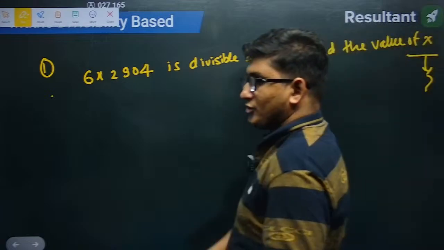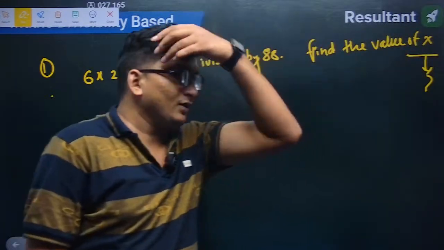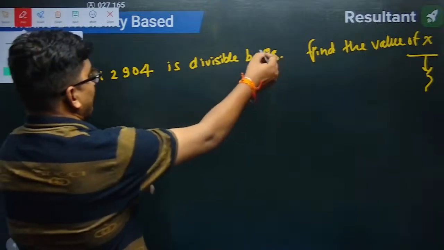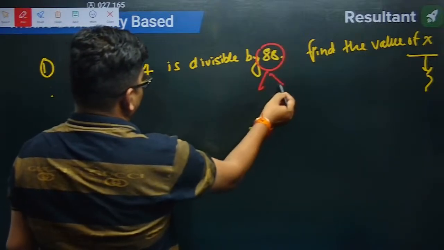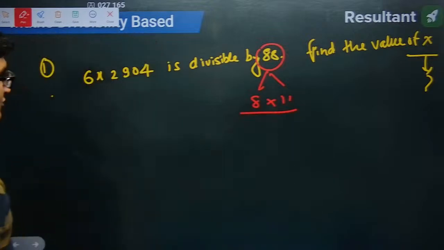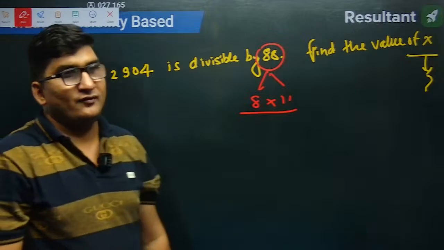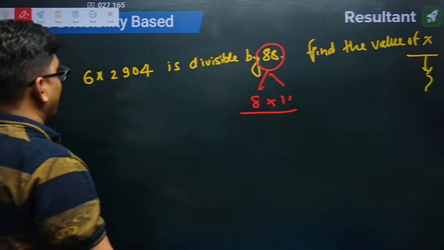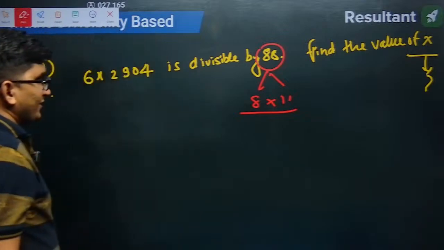Correct. So now see one thing here. You know very well 88 is the multiplication 8 into 11, as I told recently. So now check the two divisibilities here. First is 8 and second will be 11.